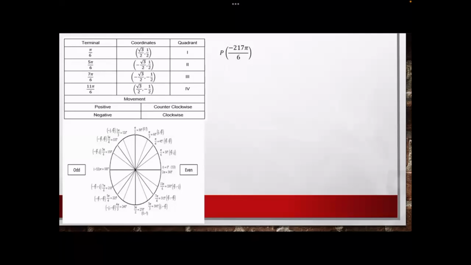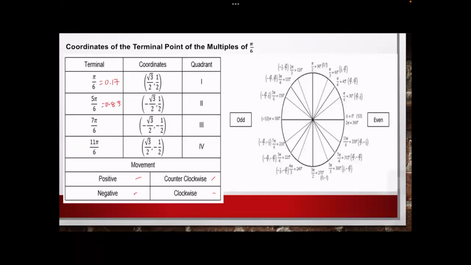Cedric, ang sa'yo ay negative 217 pi over 6. Sir, ano po yung ano? 0.6. O yan na, nasulat ko na. Pumangat po, sir? Oh, 0.16, round off mo. Di ba 0.17? Okay po. Thank you po.